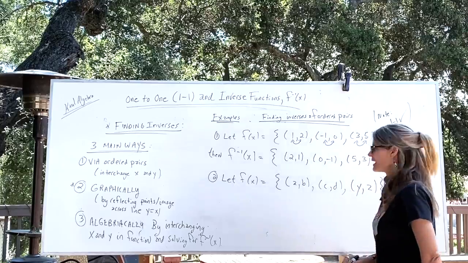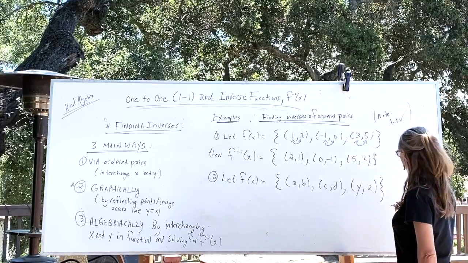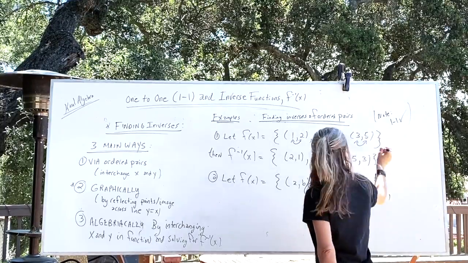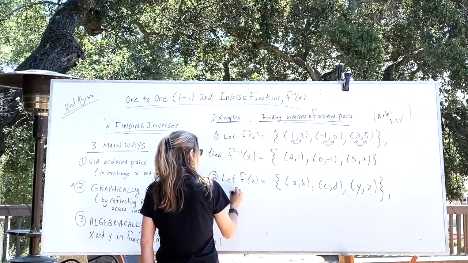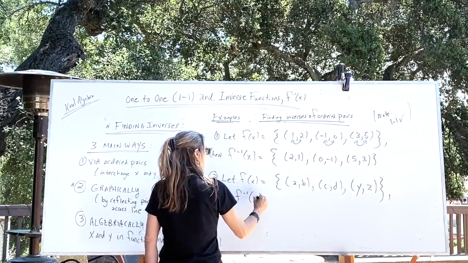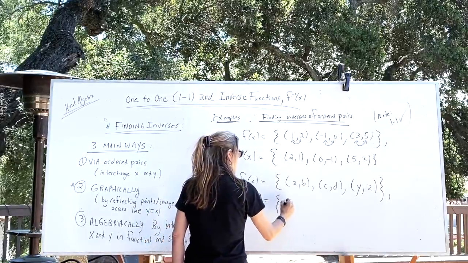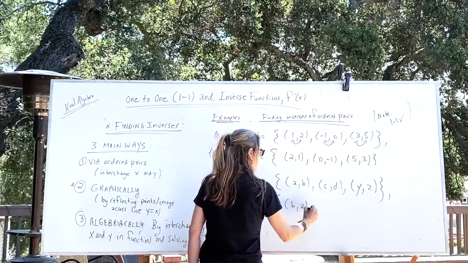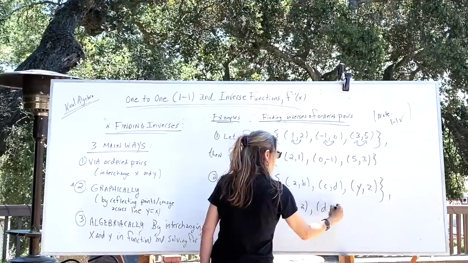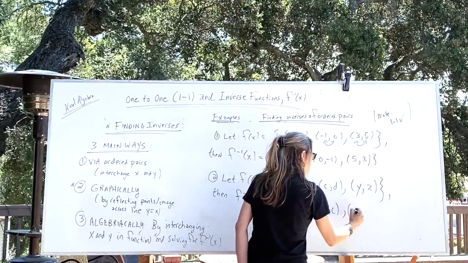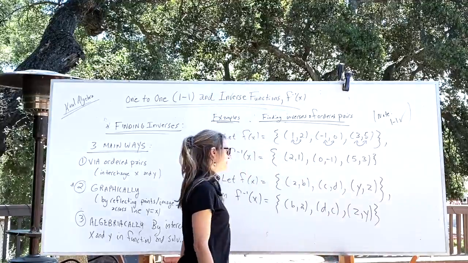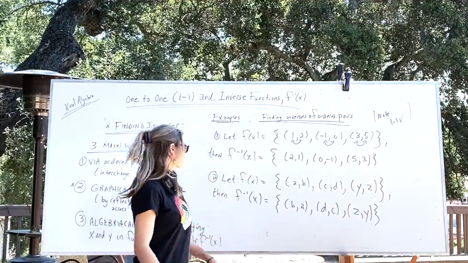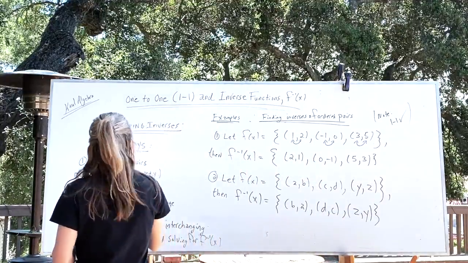Then our inverse function is (b, a), (d, c), and (z, y). So we just interchange those. All right, that's how we find it with ordered pairs.